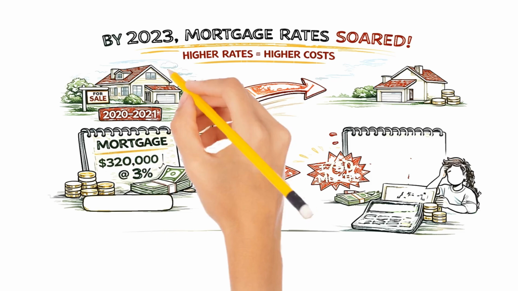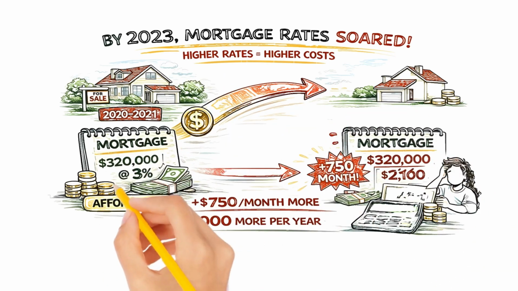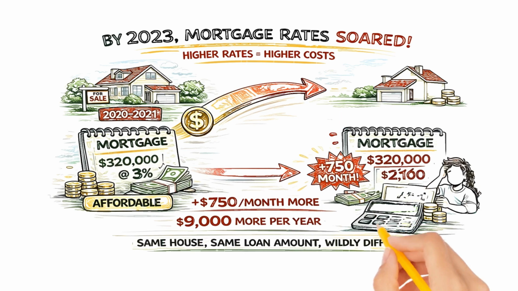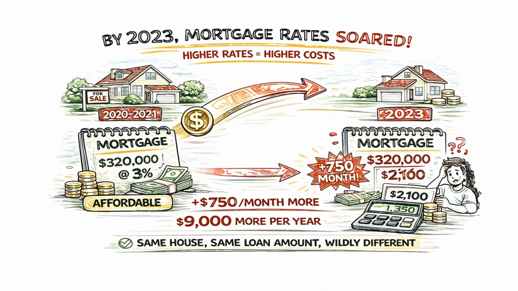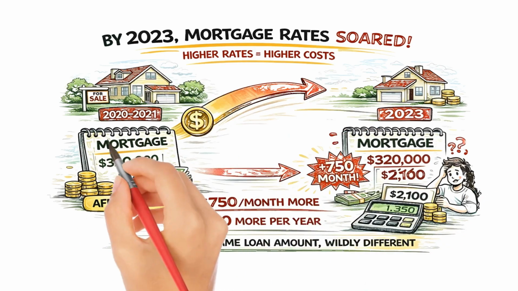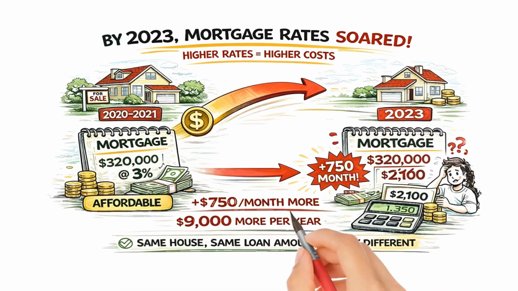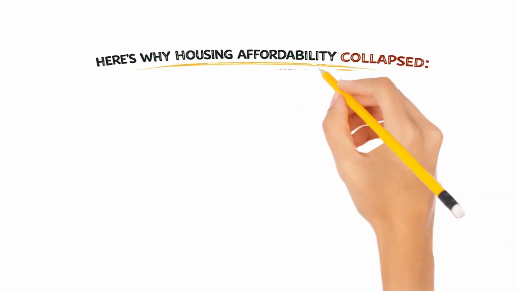Same $400,000 house, same $320,000 mortgage. But now at 7%, your monthly payment is about $2,100. That's a $750 per month difference, $9,000 more per year, just because of interest rates. Same house, same loan amount, but wildly different monthly costs.